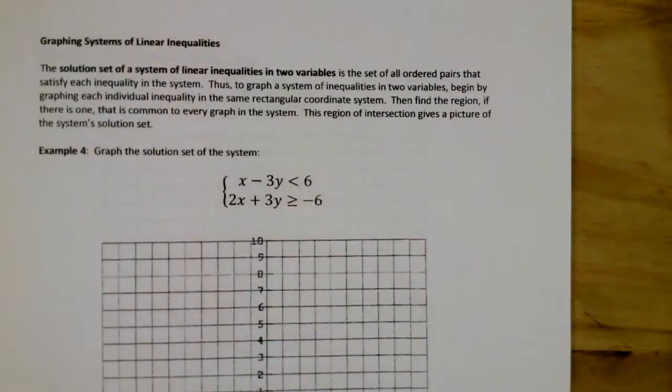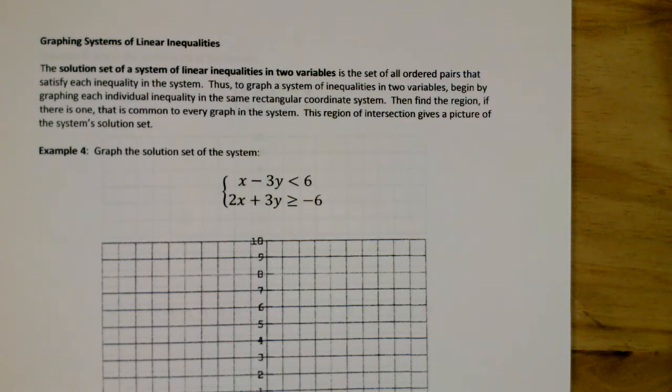All right, next we'll look at graphing a system of linear inequalities. The solution set of a system of linear inequalities in two variables is the set of all ordered pairs that satisfy each inequality in the system. Thus, to graph the system, begin by graphing each individual inequality in the same rectangular coordinate system.